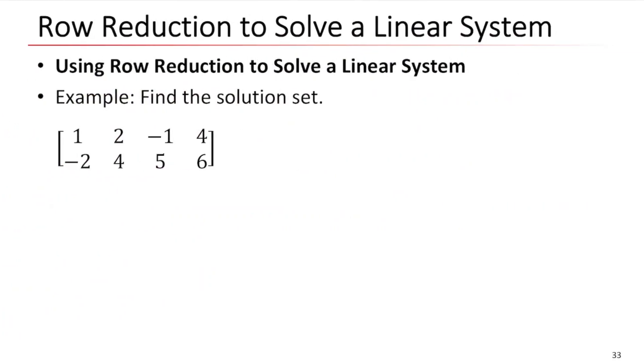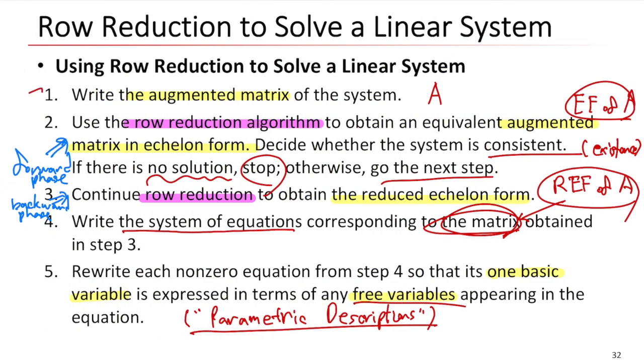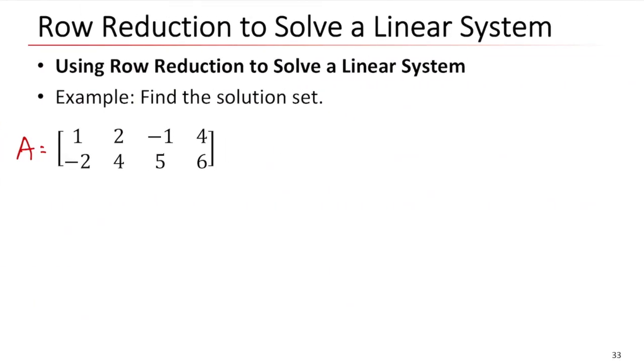So this is the last example of this section. Okay. The question is to find the solution set from this original equation, like this. So you can just follow these steps to solve this linear system, right?